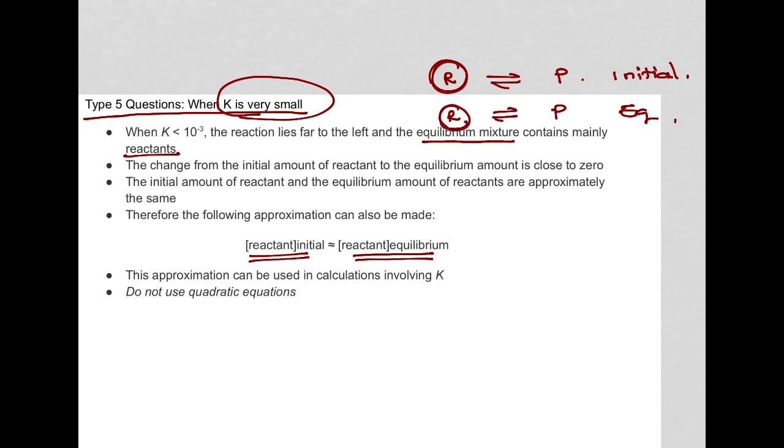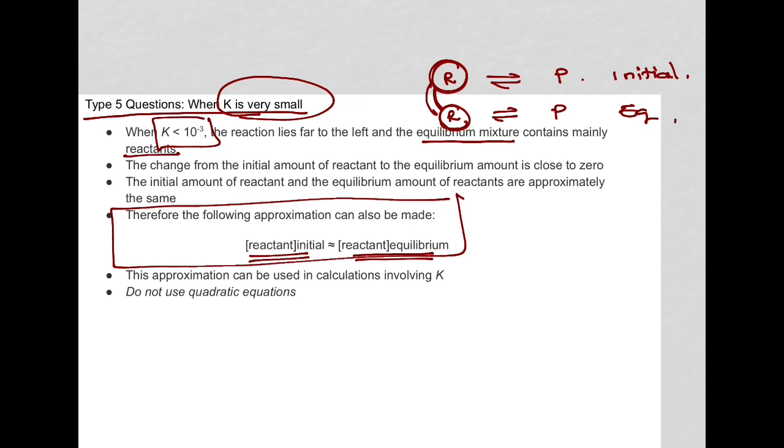They will change by a value that is so small that these two concentrations could be seen as being almost equal. So when we have very small values of K, we use this approximation that concentration of reactants initially is almost equal to concentration of reactants at equilibrium.